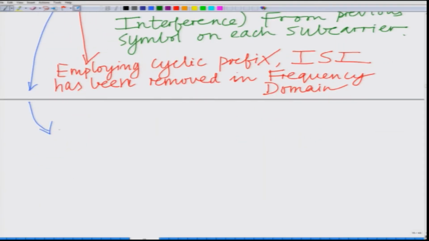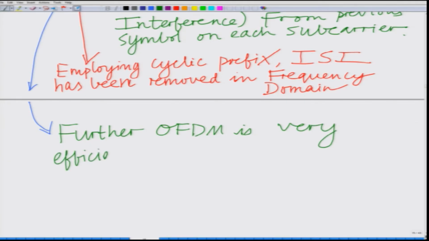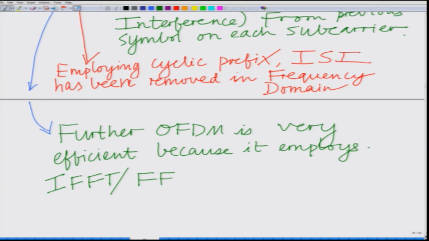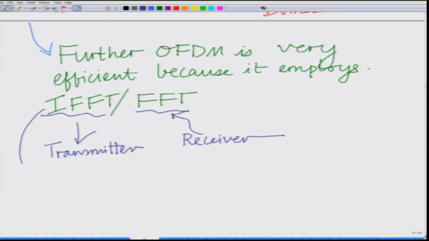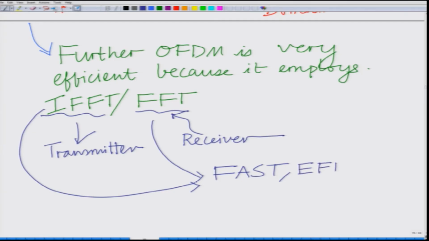To highlight that point further, OFDM employs IFFT/FFT, that is IFFT at the transmitter and FFT at the receiver, and both of these are very fast and efficient algorithms.